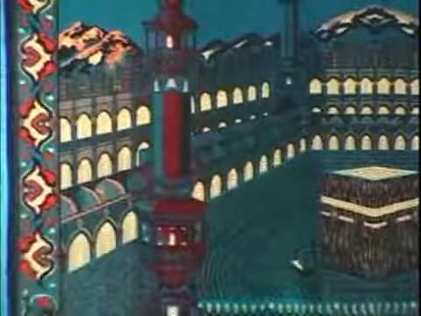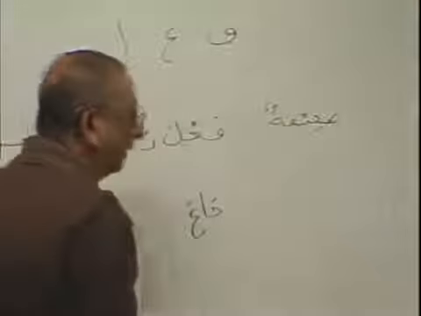Maza qara'tum hunaka? Translation, brother. What did you read there? Hunaka is zarfu makan. Qara'na suhufa. But brother, what is suhufa? Newspapers. Plural. What is the singular? Sahifatun. Write down there, sahifatun. This is your singular, brother. Qara'na suhufa.